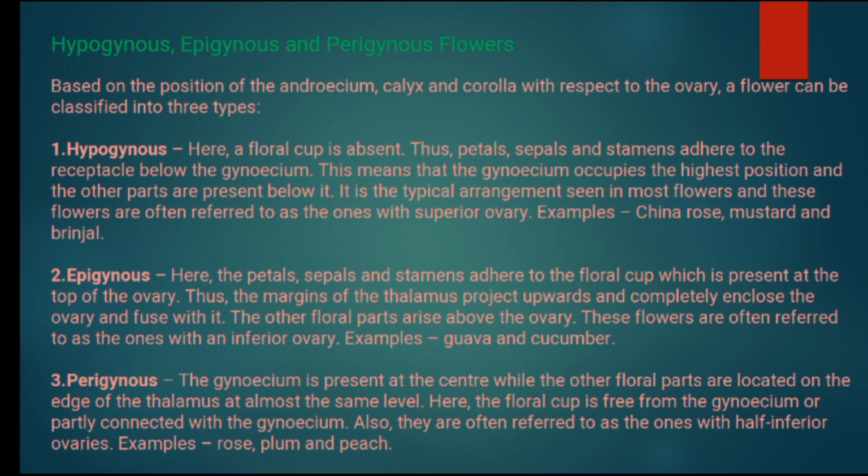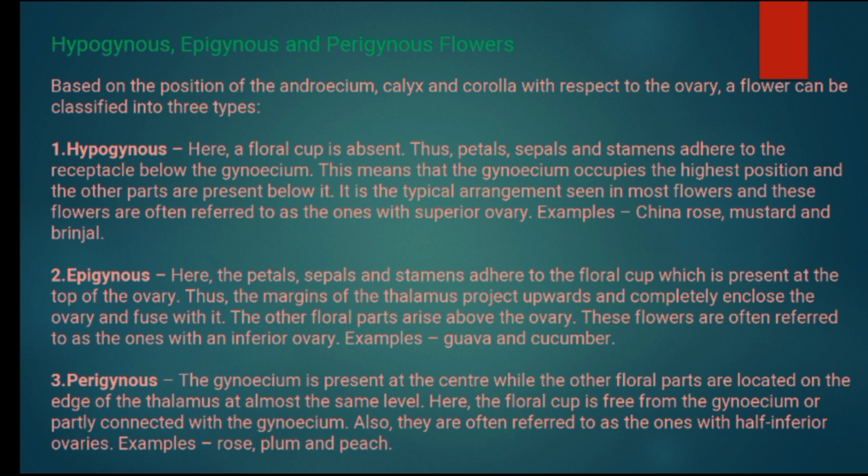So these flowers are referred to as the ones with a superior ovary, means the ovary is at the topmost position, and all the other floral parts are present below the ovary.